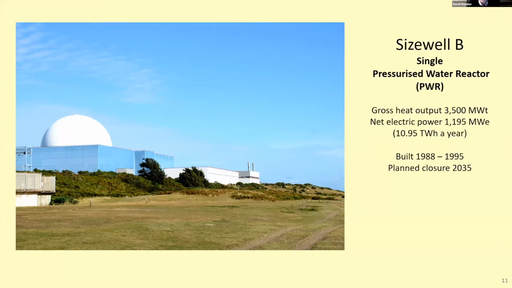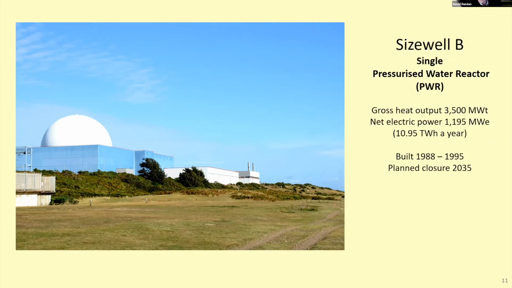You may have heard of plans to build a Sizewell C, which has been the subject of some political discussion. I think it will go ahead soon. And the letter C is because it's similar to the Hinkley Point C power station, which is presently under construction. It will be the same design, but the Sizewell C will have 2 reactors, whereas Sizewell B only has 1.